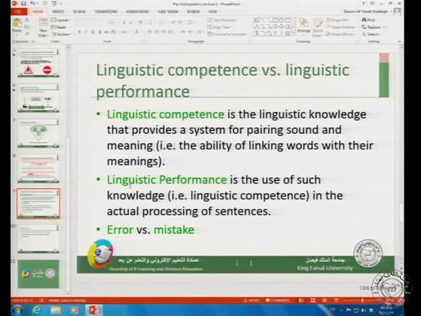And this is variant. Some people have a huge lack of knowledge, and some people have a slight lack of knowledge. This lack of knowledge results in errors. Mistakes just result from the misuse of language.